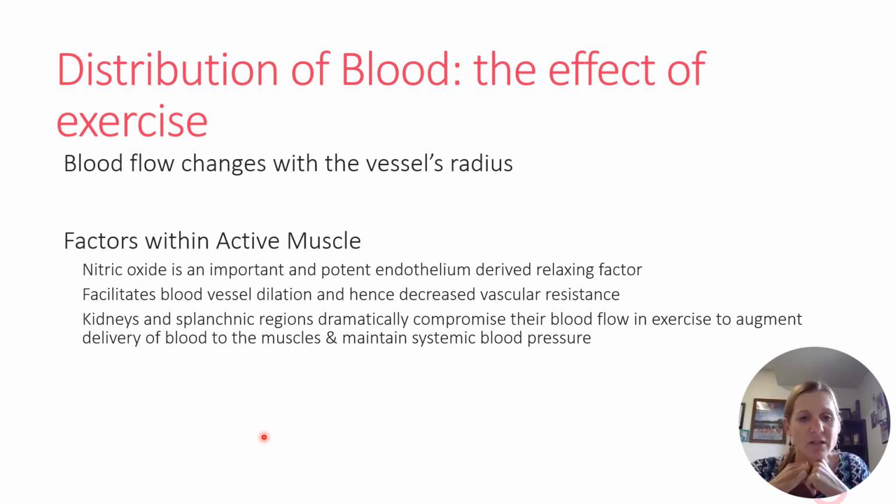Again, as we mentioned, kidneys and splanchnic regions, so the gut area, like your digestive organs and those types of things, we're going to see a decrease in blood flow to these areas because of that vasoconstriction caused by the catecholamines, and because I only have a limited amount of blood. So I want to send more to the muscles. So these local factors and these vasodilation factors leading to the muscle are going to allow us to push blood in that direction.